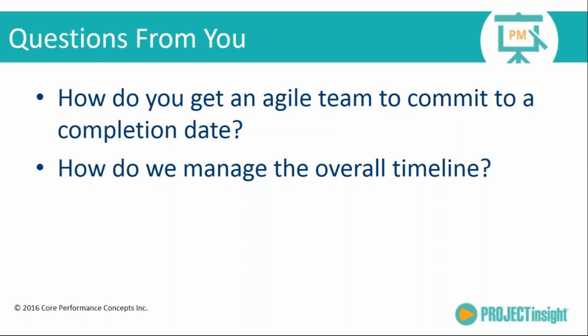I chuckled because I think that is just normal, regardless of whether or not you are in an Agile environment or a waterfall environment. If you look at studies, people don't like to commit to things they're not sure that they can achieve. And that's just nature.